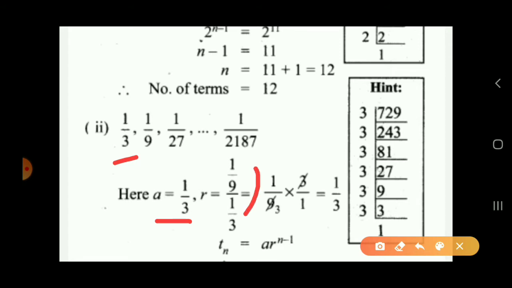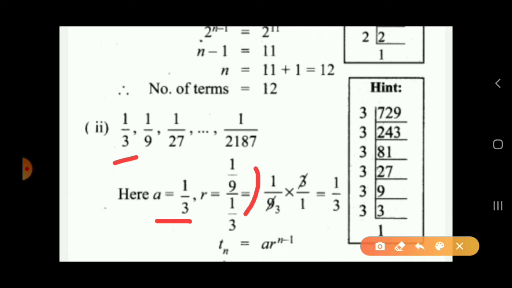See the next one similarly. The second one has first term A as 1 by 3, and R is T2 by T1, that is second term divided by first term. So 1 by 9 by 1 by 3. 1 by 9 into the upside down, 3 by 1, cancels, so R is 1 by 3.